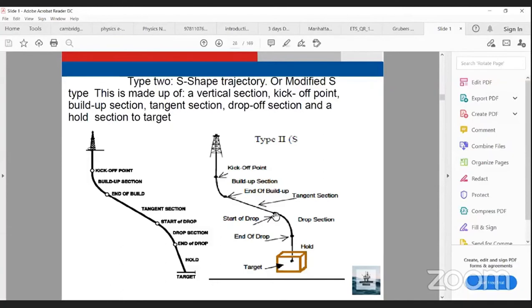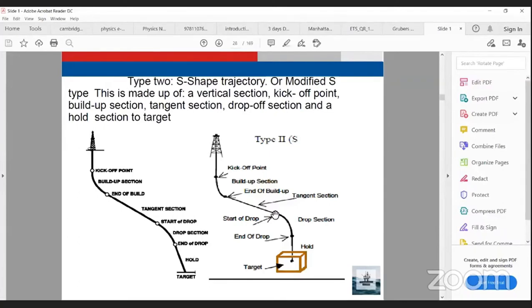When I reach the start of the drop off section, I decrease the inclination, say the tangent angle here is 40. Here I should return vertically. What is the meaning of returning vertically? Vertical means the angle is 0.